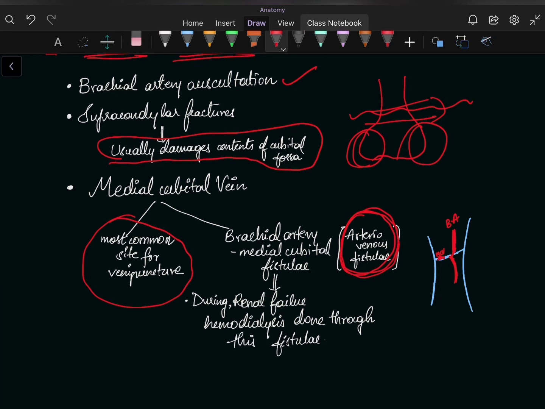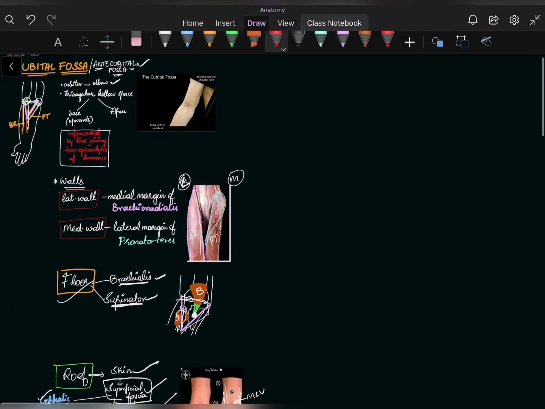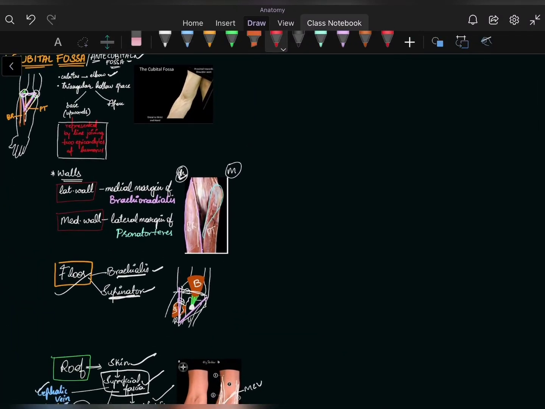This is the medial cubital vein, this is the brachial artery, and this is the fistula between them. Through this fistula the doctor takes out the waste blood and imparts new, fresh blood. So this is all about the cubital fossa, its contents and its importance, and why we have to study the cubital fossa. Thank you.